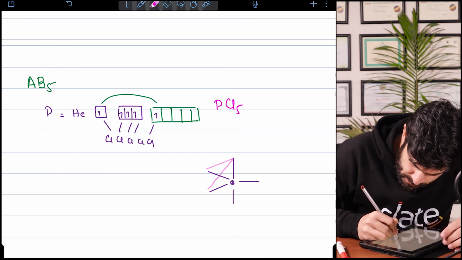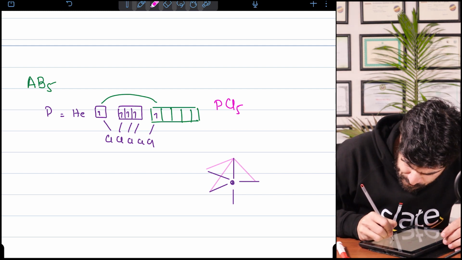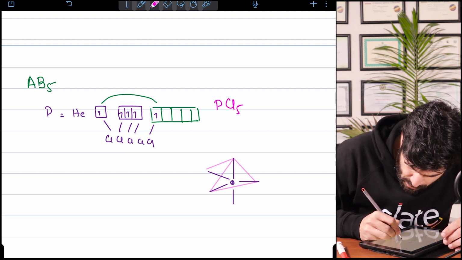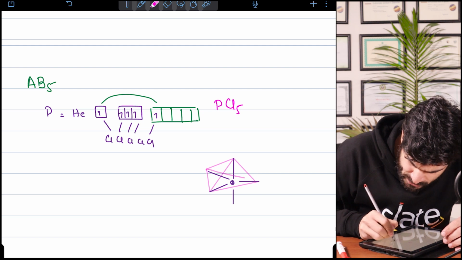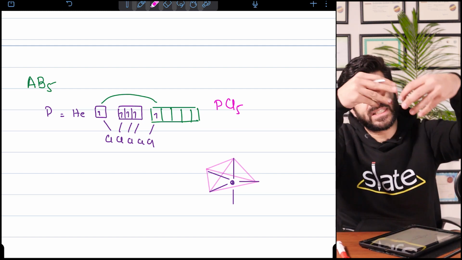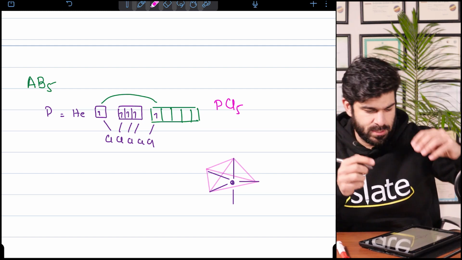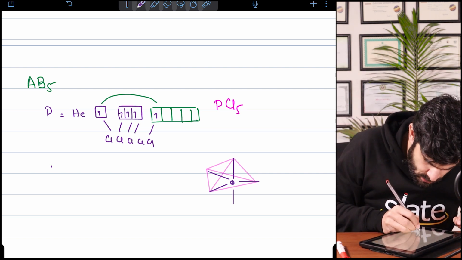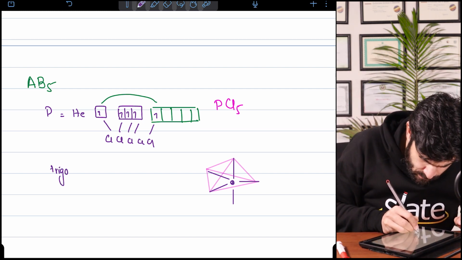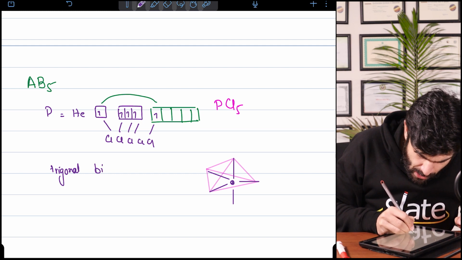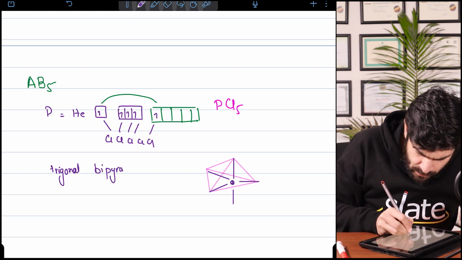So this top is going 3 ways. So I hope this looks like a pyramid to you, and the same will happen at the base. This is, as the name goes, trigonal bipyramidal.